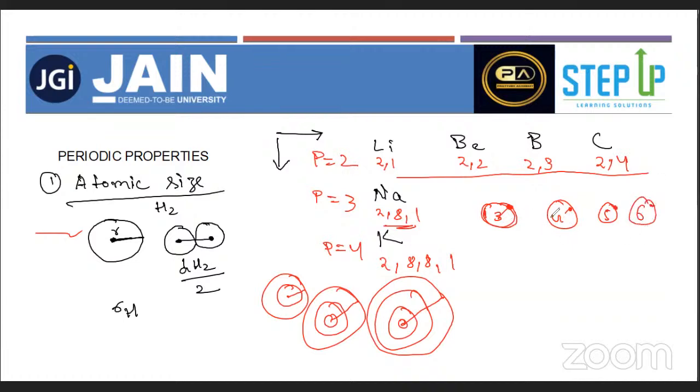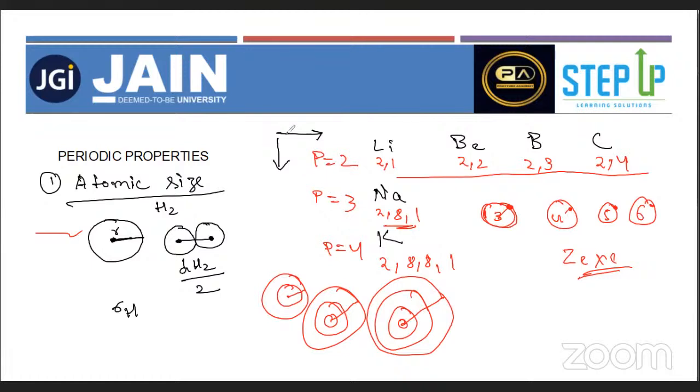So 3 will pull more than that, 4 will pull more than that, 5 will pull more than that. Why am I taking only 1 electron? Because at a time it will be pulling 1 electron, Ze times e. You just read Coulombic force, Z into e, it will be pulling only 1 electron at a time. So because of this, there will be a compression, a shrinkage in size.